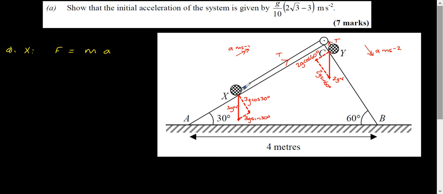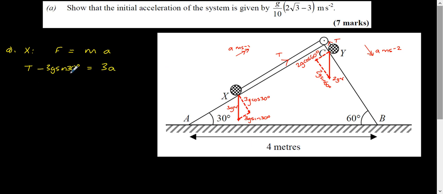So our resultant force is going to be the tension minus any forces that are acting parallel to the plane down. And the only force we've got acting parallel to the plane down is 3g sine 30. So T minus 3g sine 30 is equal to 3a.